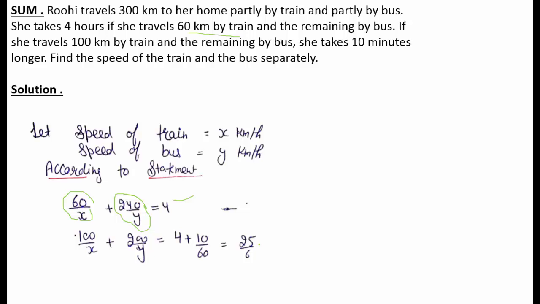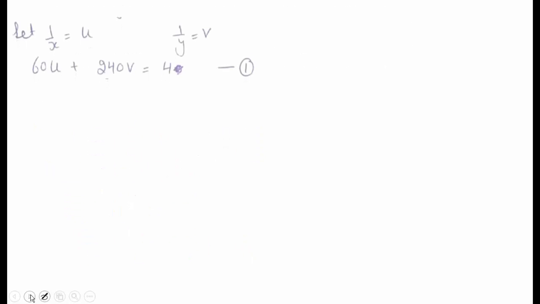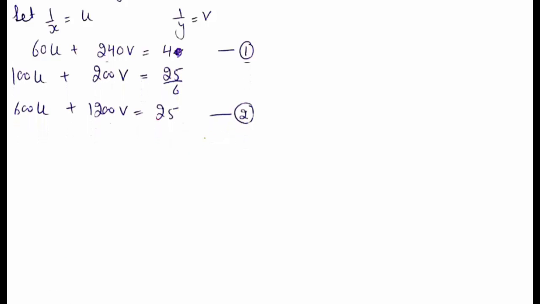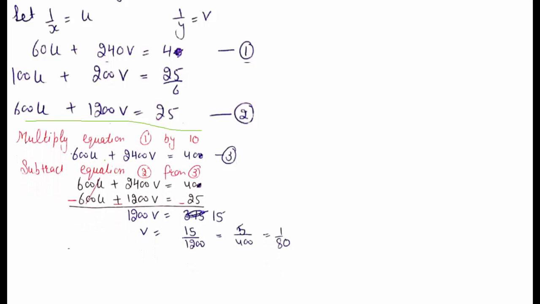Again this is not linear, so we will assume 1 by x equals u and 1 by y equals v. Then we will get 60u plus 240v equals 4, first equation, and the second will be 600u plus 1200v equals 25. Now to make the coefficient of u the same, we will multiply the first equation by 10. This will become 600u plus 2400v equals 40.